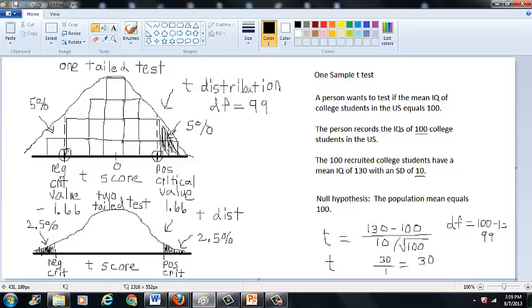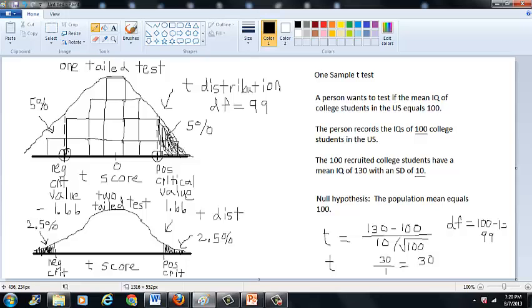So a person who's planning ahead of time to do a one-tailed test and to use the positive critical value can only reject the null hypothesis if their outcome ends up in this area equal to or above the positive critical value. This is their only rejection region. They can't reject if they end up down in this area below the negative critical value.